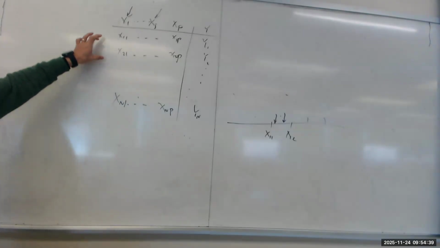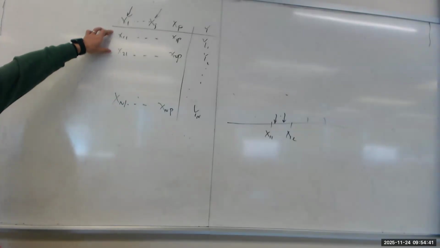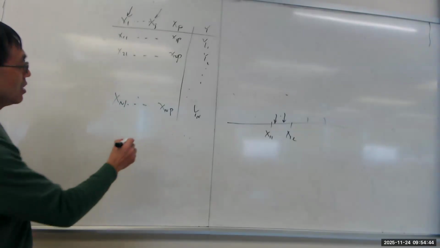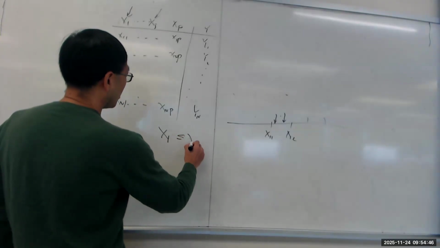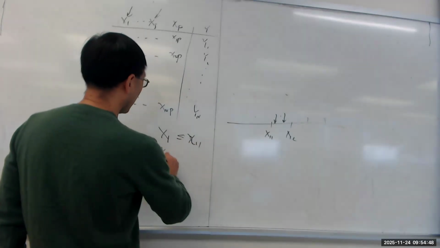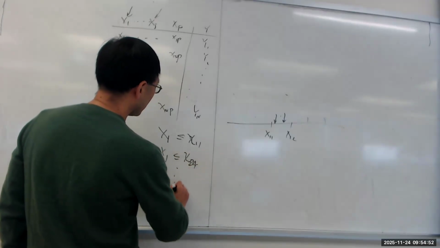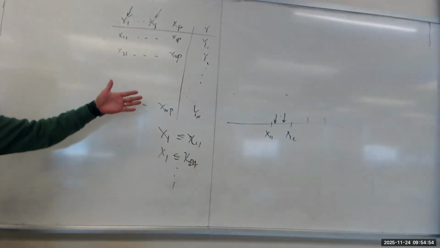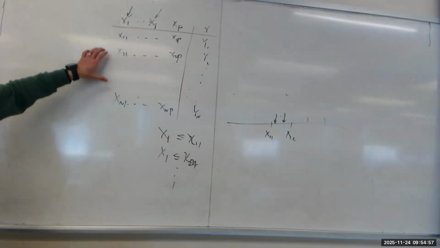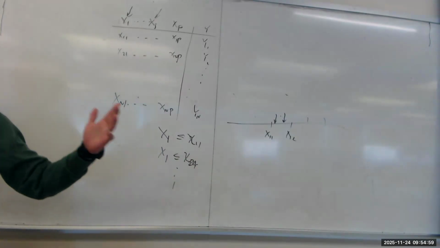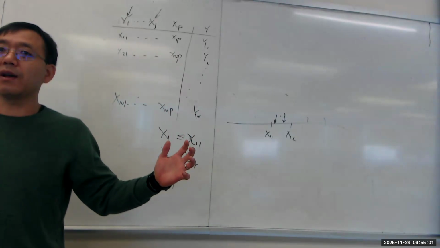So for x1, you say x1 is less than or equal to x11, x1 is less than or equal to x21, and so on. You consider each value in the data for x1, and then you can determine all the possible partitions for x1.